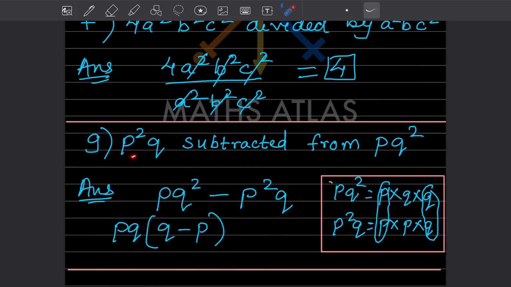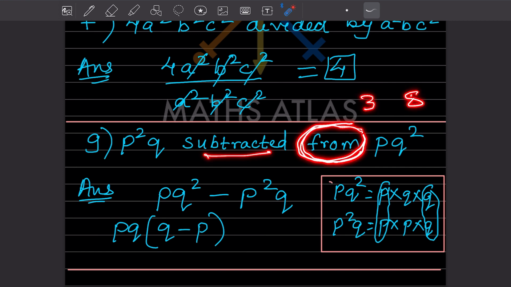p square q subtracted from pq square. Now whenever this word from is used, suppose 3 subtracted from 8.